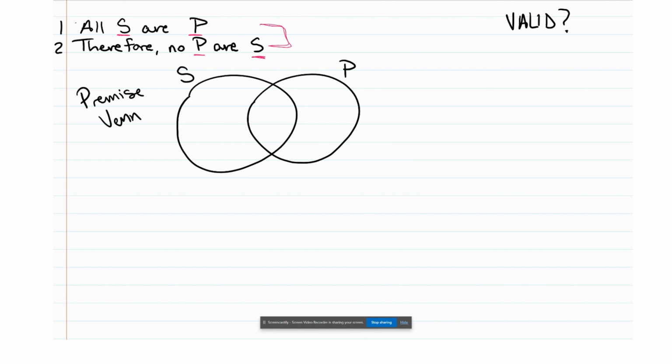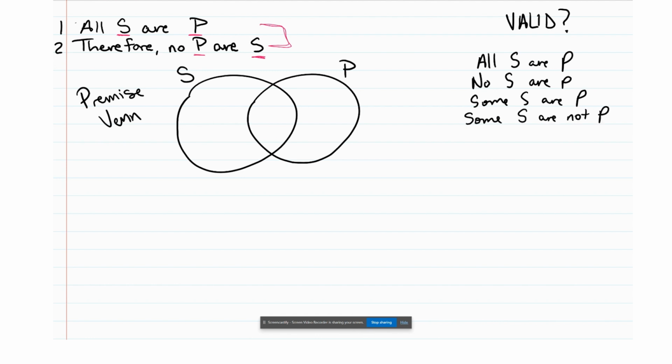So remember, there are four categorical forms. And the categorical forms are as follows. All S are P, no S are P, some S are P, and some S are not P. And so if we look at this, right, very clearly we see the categorical form here.